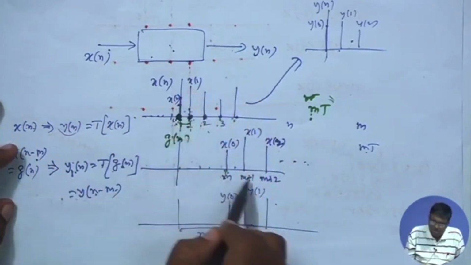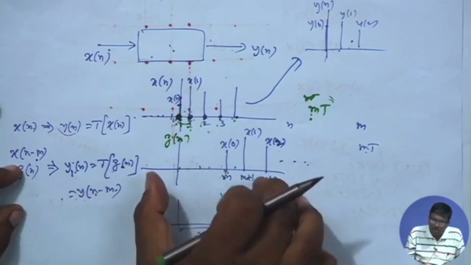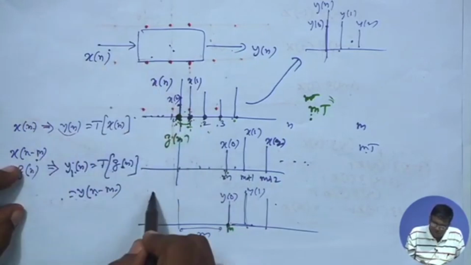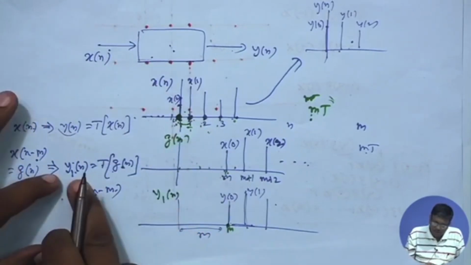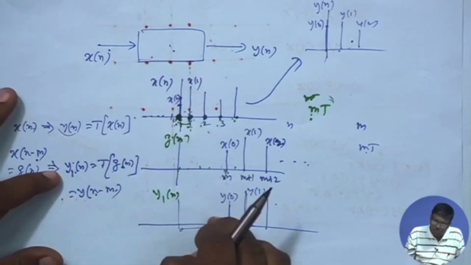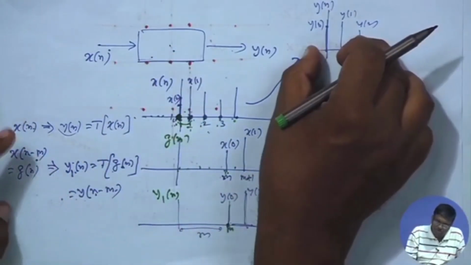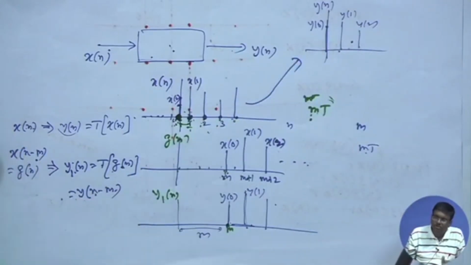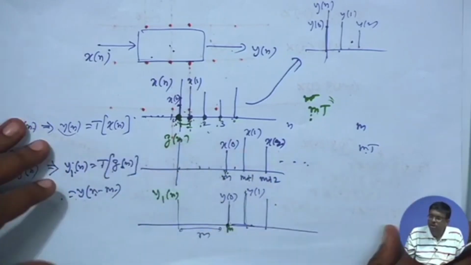If this g n I input to the system, the new output, which I call y 1 n, that is the response of the system due to g n, that should be nothing but the shifted version of the original y, shifted by the same amount m, all right, and this should be true for any m, then it is called shift invariant.